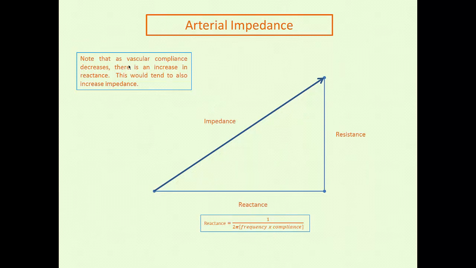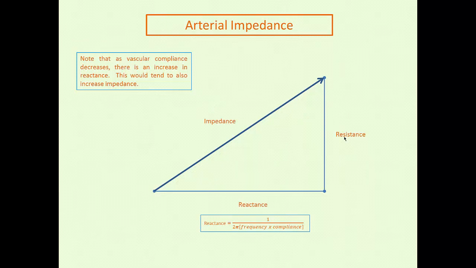As I mentioned, as vascular compliance decreases, there's an increase in reactance, and an increase in reactance would tend to increase the impedance. Which is the more important determinant of impedance and therefore ventricular afterload? Studies in vitro, with explanted arteries and whatnot, have shown that resistance plays much more of a role.